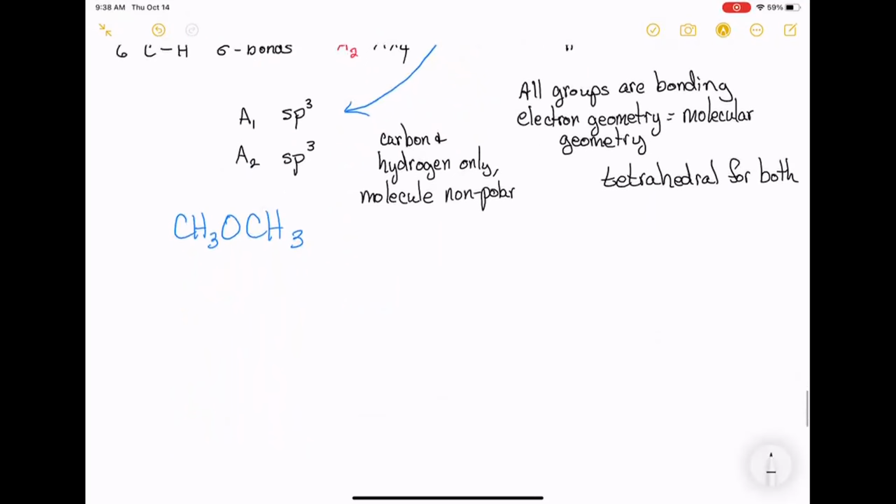Moving on to the next one. Hopefully you're getting comfortable doing Lewis structures, so I'm not going to develop the Lewis structure. So if we look at OCH3, this structure arises.